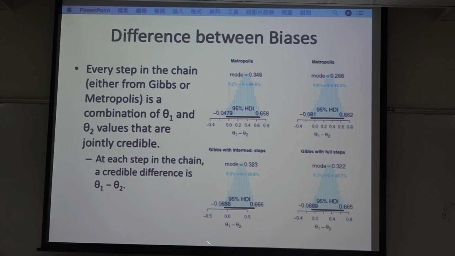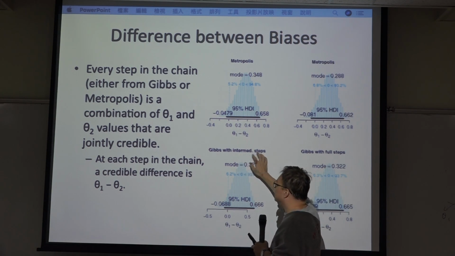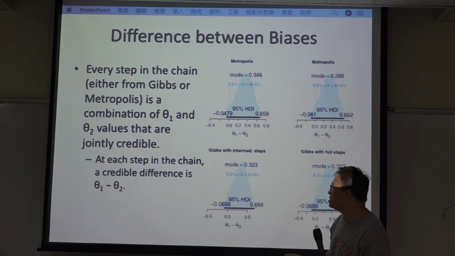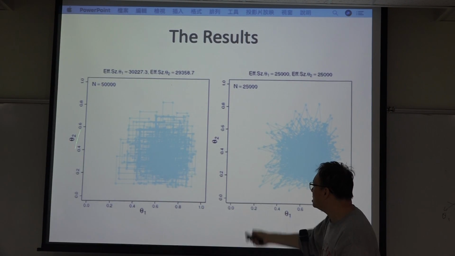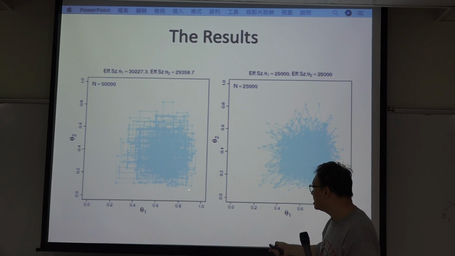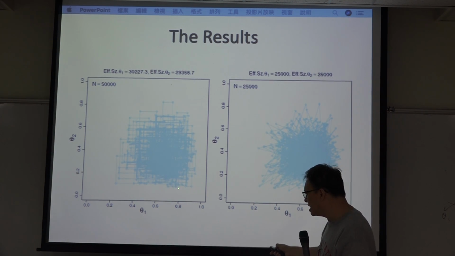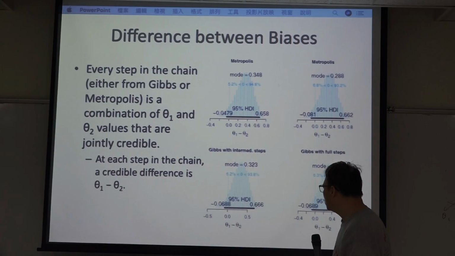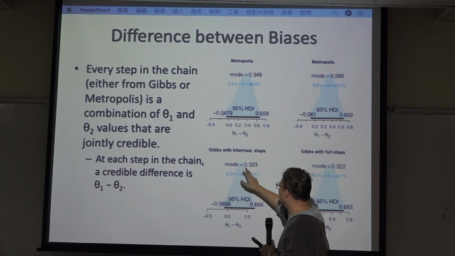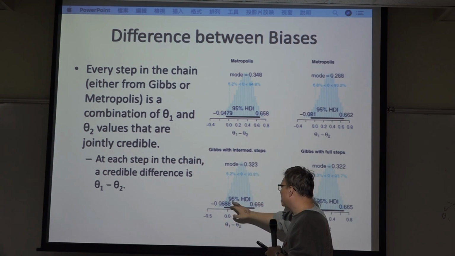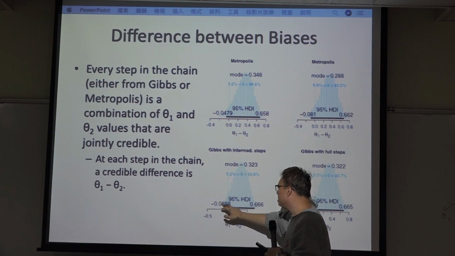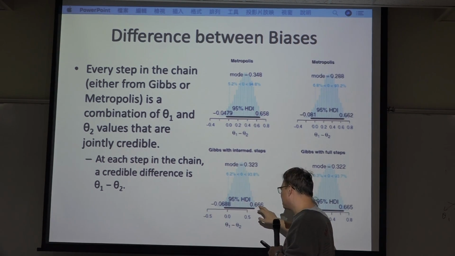But if you look at the bottom one, the left one is actually Gibbs sampling with the intermediate steps. This is the result we obtained from the left one. We consider each theta 1 change and each theta 2 change separately. So the mode is 0.323, and the 95% HDI is from negative 0.0688 to 0.666.